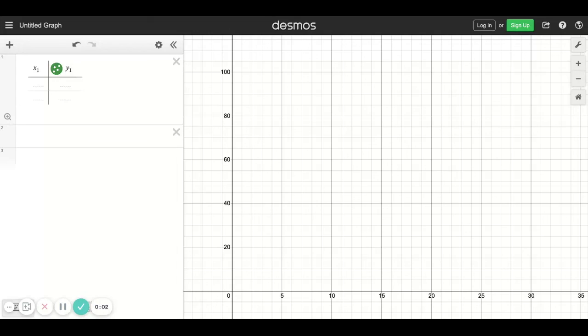I've already cleared everything out of my Desmos.com calculator page by hitting these X's. I pulled up another table by hitting plus and table. Now we're just going to type in the information, 1, right? Then we got 5. Go ahead and type in all the information in the table. Then you're going to write in your equation for an exponential in number 2. So pause the video, do that, and hit play when you're done.